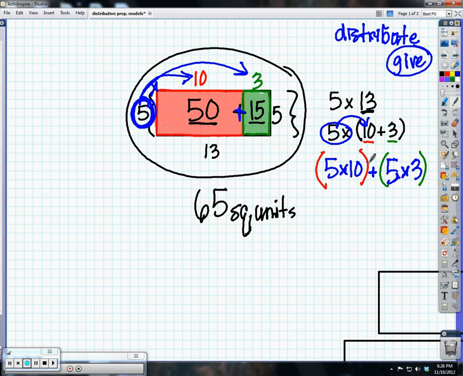So we added the larger rectangle in red to the area of the smaller rectangle in green. So 5 times 10, that was our 50 in red. And the 5 times 3 was our green area, or the 15. So the 50 plus the 15 gave us an area of 65 total square units.